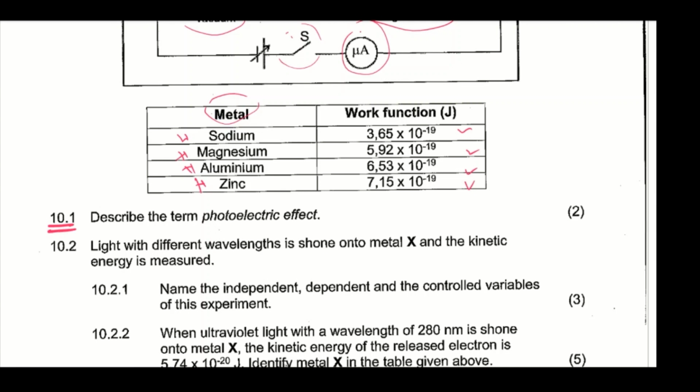10.1 says that we must describe the photoelectric effect, right? So if I were to describe it, it is basically the process whereby electrons are ejected.